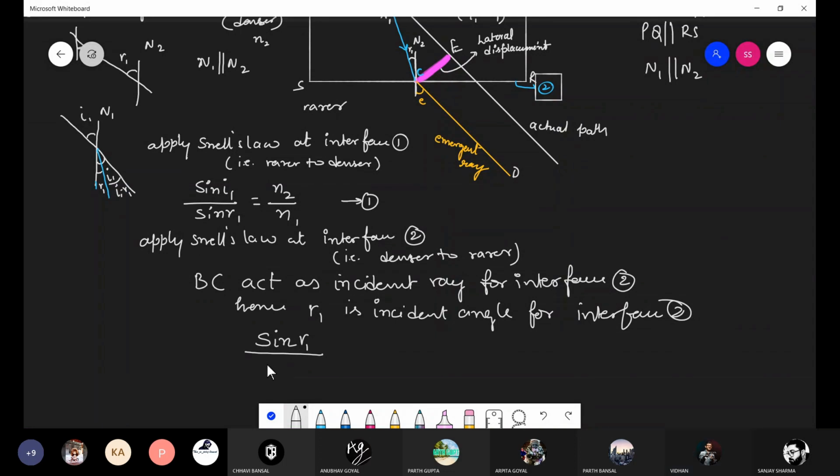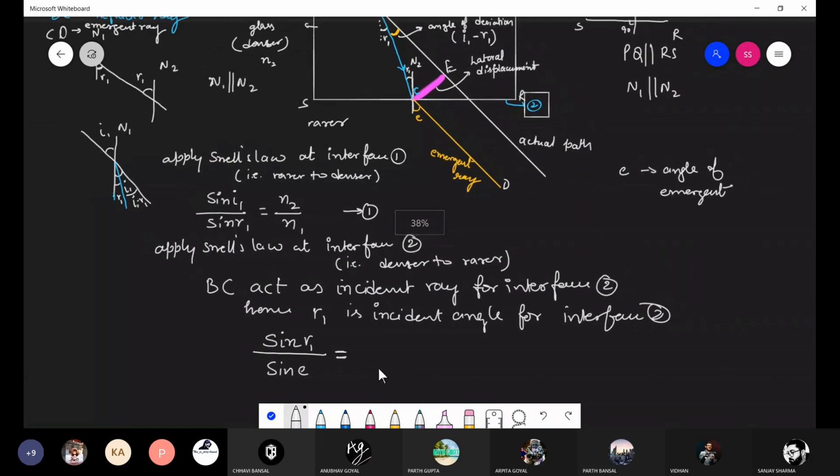Sine R1, very good, upon sine of the refraction angle. The emergence angle E acts as the refraction angle. So E is the angle of emergence. Sir, will the angle of emergence and angle of incidence be equal? We are finding exactly that right now, and we are going to prove it.